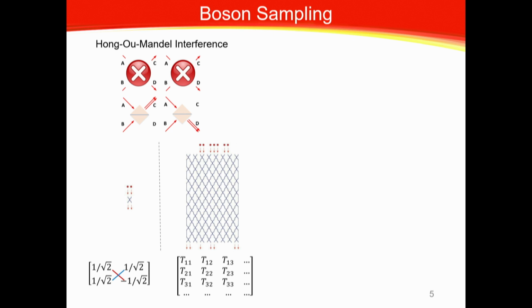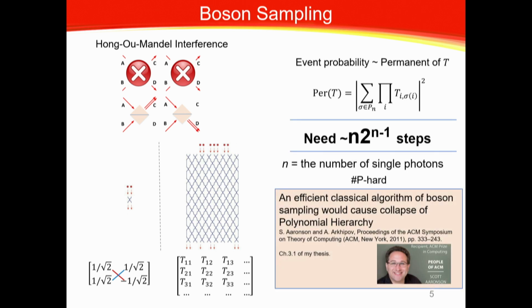You can think of that you have many single photons input into a large array of this beam splitter network, and the output is actually a highly entangled state. And if you calculate the probability of the output, it is related to the mathematical quantity called the permanent of the matrix corresponding to this interference network.